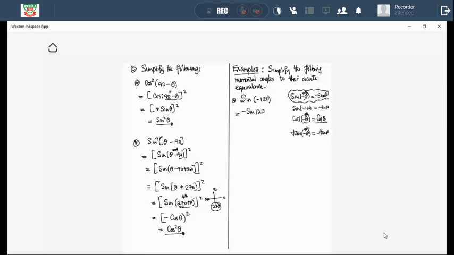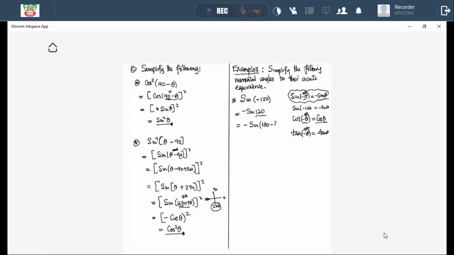Is that okay? So once you come to sine negative 120 like that, it simply means you can just say negative sine 120. Now I'll break down sine 120. It's going to be sine, open a bracket, 180 minus what? What am I supposed to subtract from 180 to come up with 120?